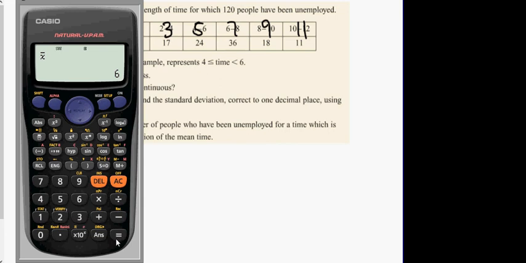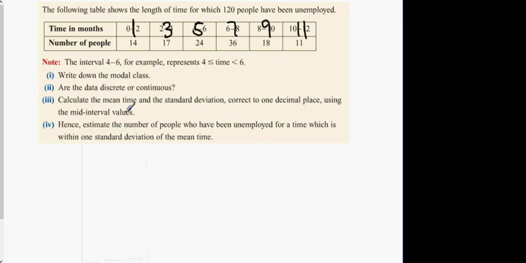Mean is 6. And then I'm going to go for the standard deviation, variable standard deviation being number 3. 2.89, or 2.9 when you round up. So mean equals 6 and standard deviation equals 2.9.